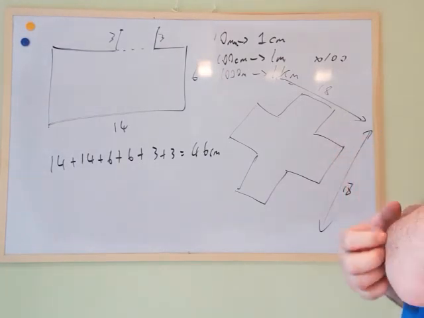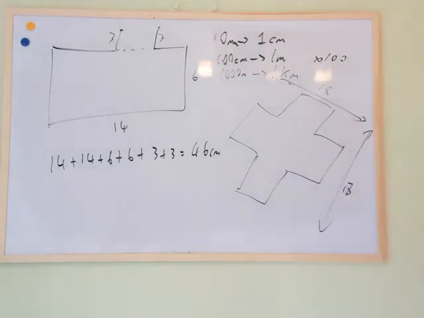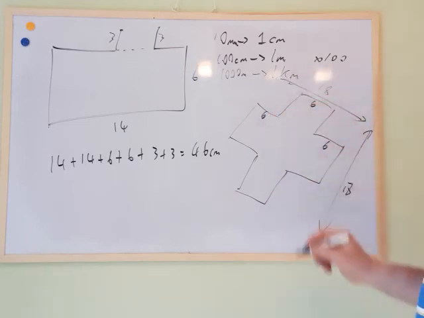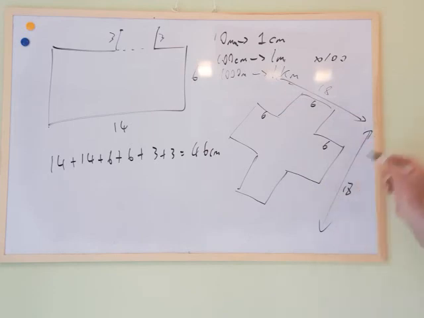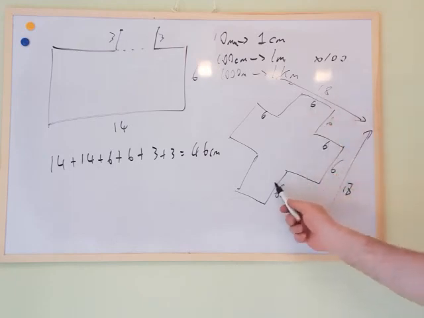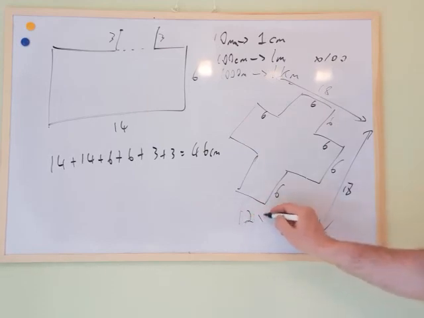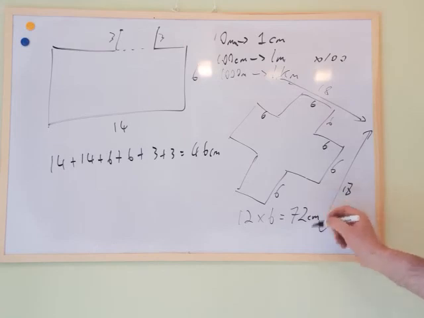Now they haven't actually said it here, but we have to assume from the shape that these are a bunch of squares. So if that's 18, then that has to be 6, that has to be 6, and that has to be 6. And if that's 18, then that has to be 6, that has to be 6, and that has to be 6. And now we have all of our sides. 1, 2, 3, 4, 5, 6, 7, 8, 9, 10, 11, 12 by 6, 72 centimeters.